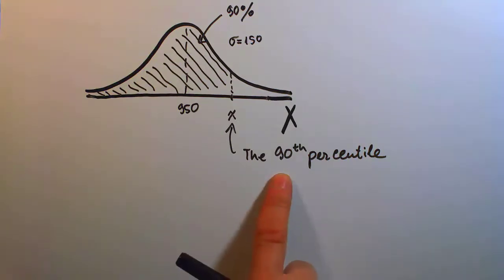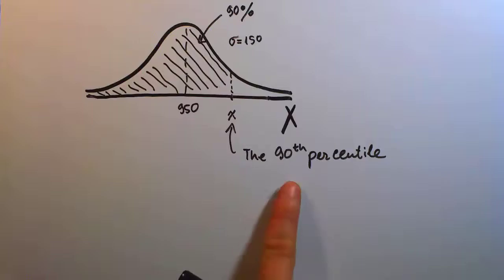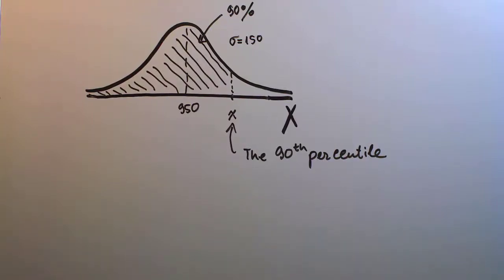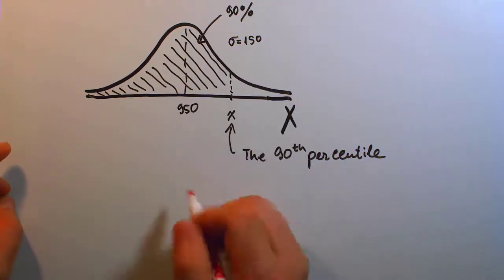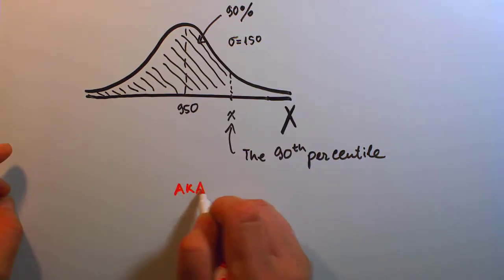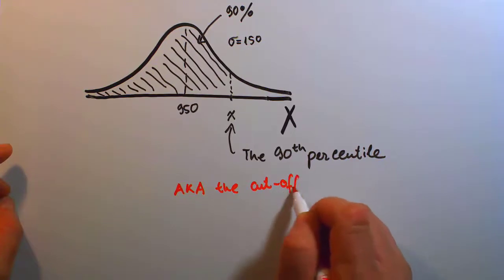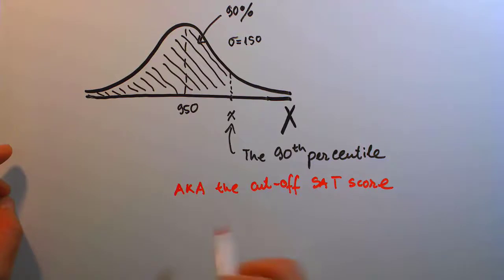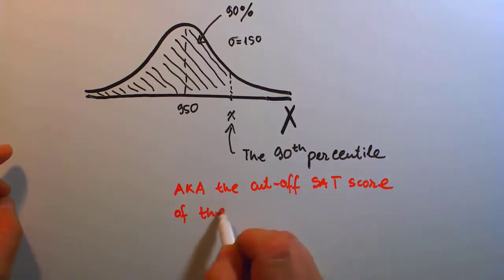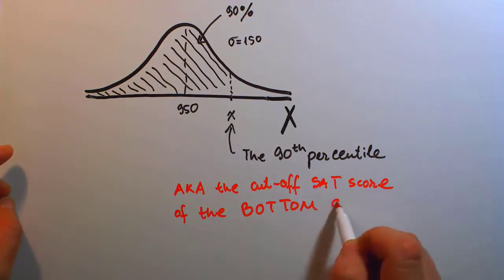And that's why I'm generally describing that as my 90th percentile. But connecting with what we learned earlier in the video, this is also known as the cutoff SAT score of the bottom 90%.